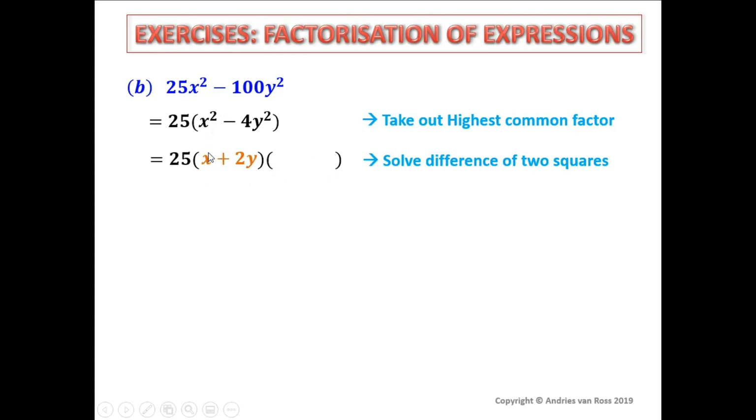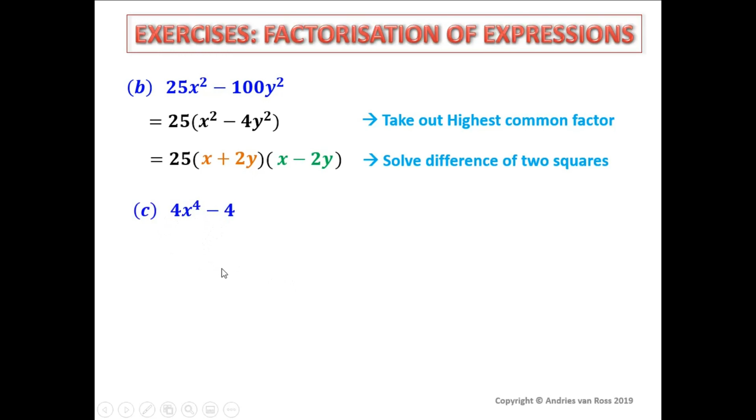So we will have the square root of x squared, that's x, and the square root of 4y squared is 2y, the square root of 4 is 2, and the square root of y squared is y. And then we've got the same terms in the other bracket, just with a minus. So we have factorized our expression. You with me so far? You understand? Let us continue and look at the next one.